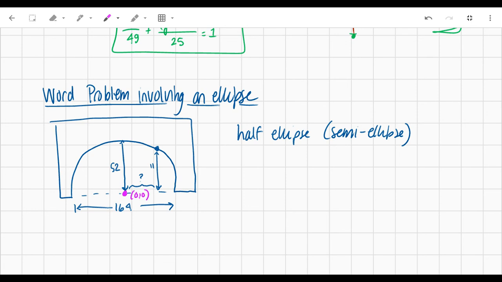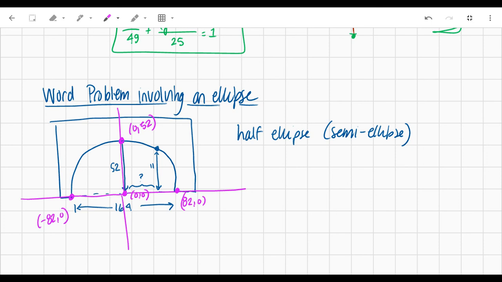If that center is at 0, 0, this point would be at 0, 52. We'd want to split that 164 in half. So that would be at 82, 0 and negative 82, 0.